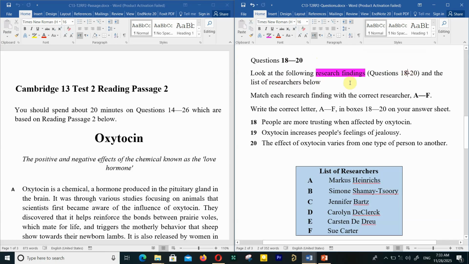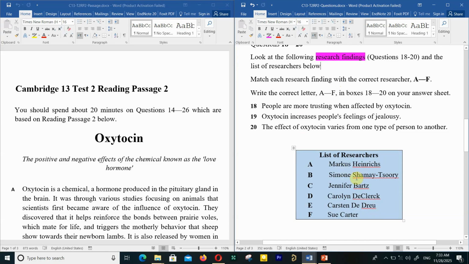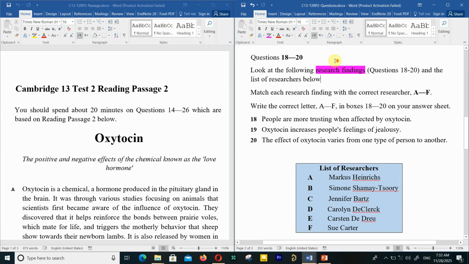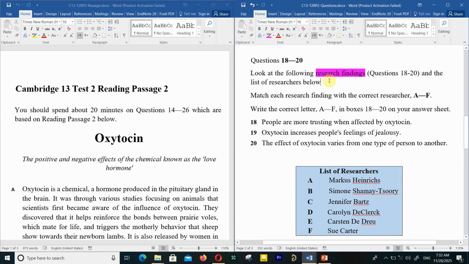It's important to look at the research findings, not the statements of these scientists. It is somewhat difficult, but not as difficult as the first type of question, so just leave it there.